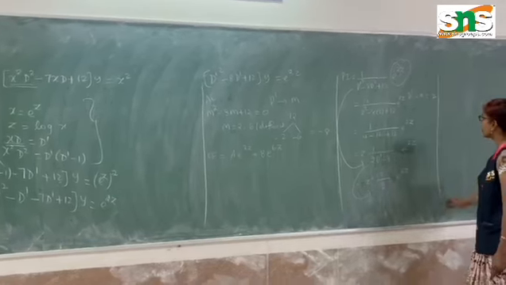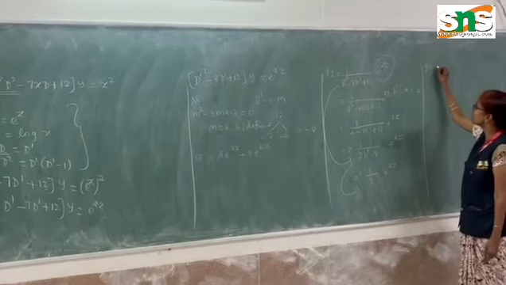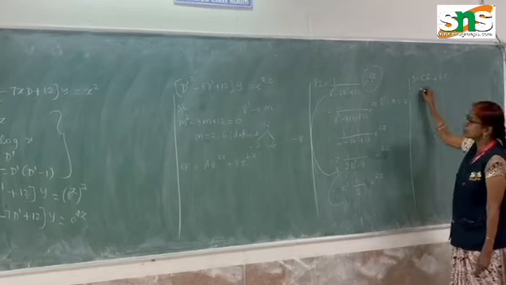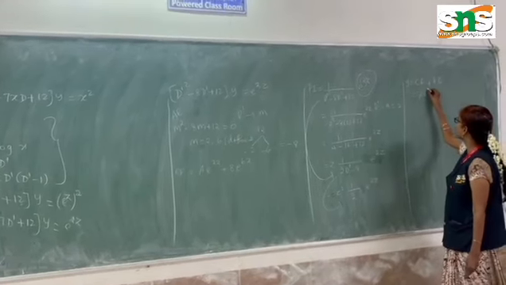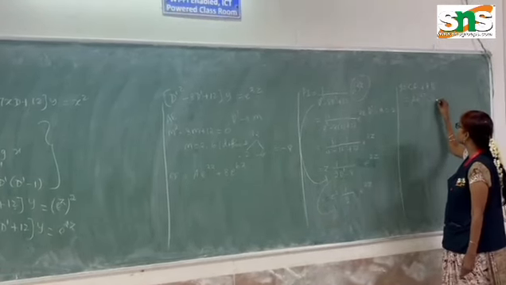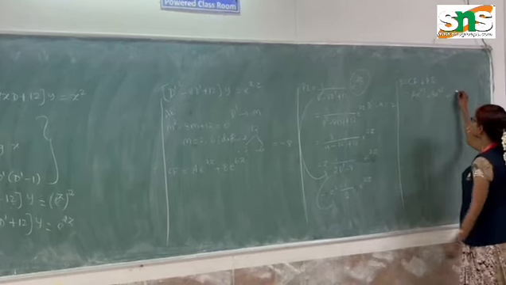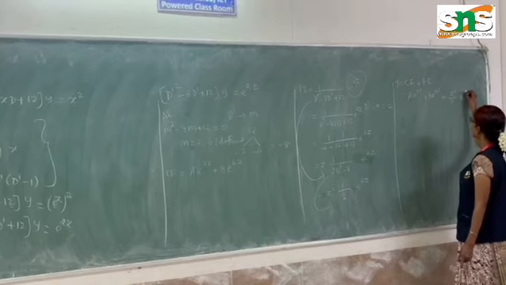At last we find the solution, which is y equal to CF plus PI. CF is a e power 2z plus b e power 6z, plus PI is z squared by 2 e power 2z.